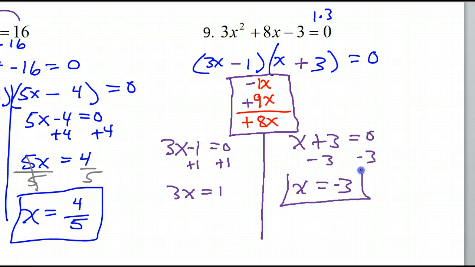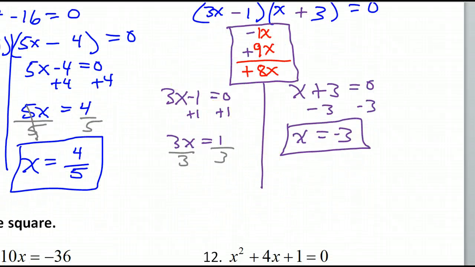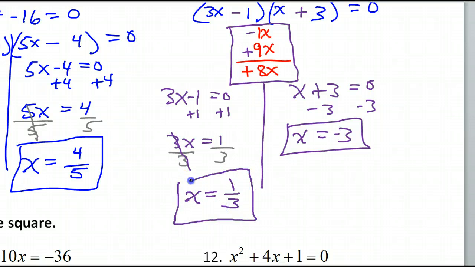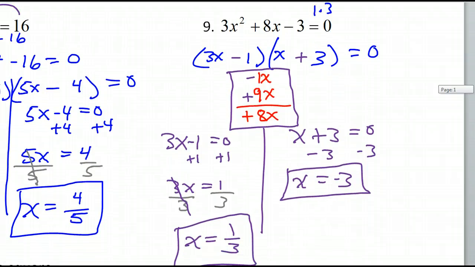Now that's one of my answers right there. But this one I can go one step further. Divide both sides by 3, so those cancel out. I get x equals 1/3. So those are my two solutions for number 9, 1/3 and -3.